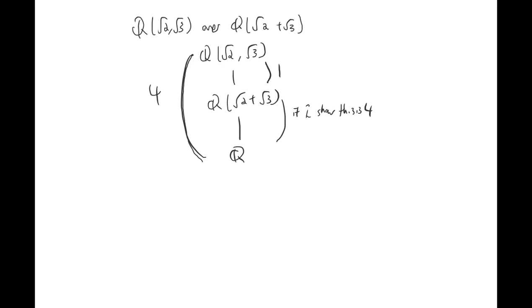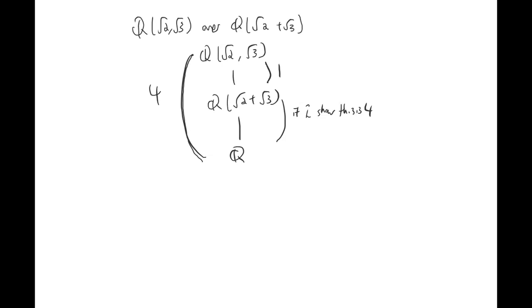But if it's 1, then by definition the two fields are equal. So this is just dimension 1. The answer would be dimension 1, and the basis is just 1, because the two fields are equal.